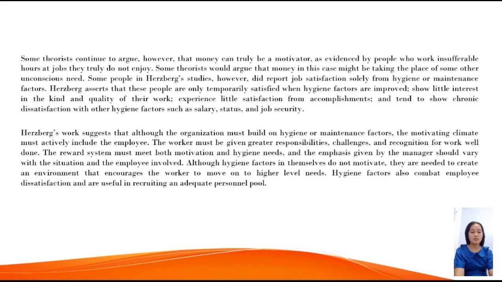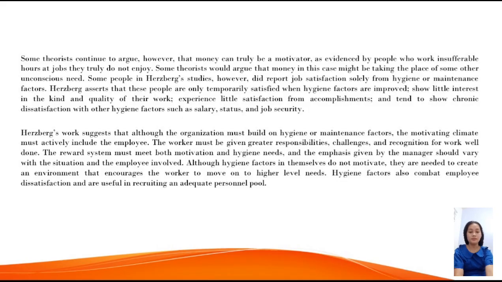Although hygiene factors themselves do not motivate, they are needed to create an environment that encourages the worker to move on to higher level needs. Hygiene factors also combat employee dissatisfaction and are useful in recruiting an adequate personnel pool.